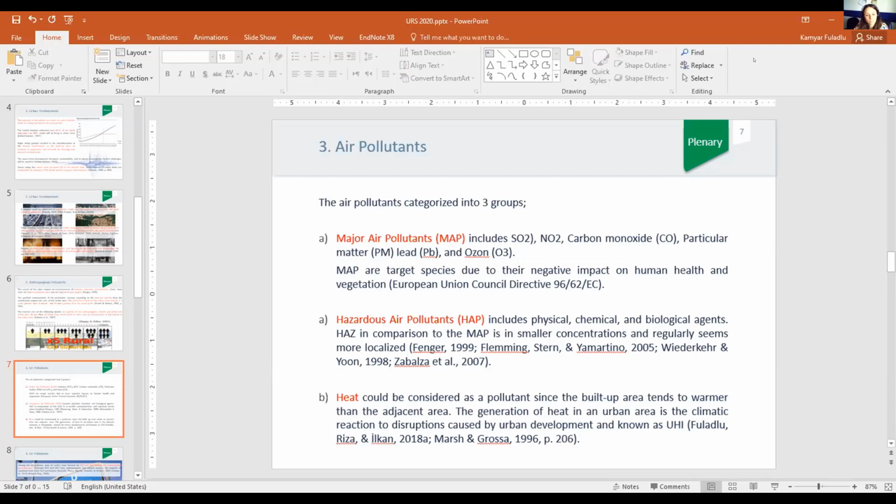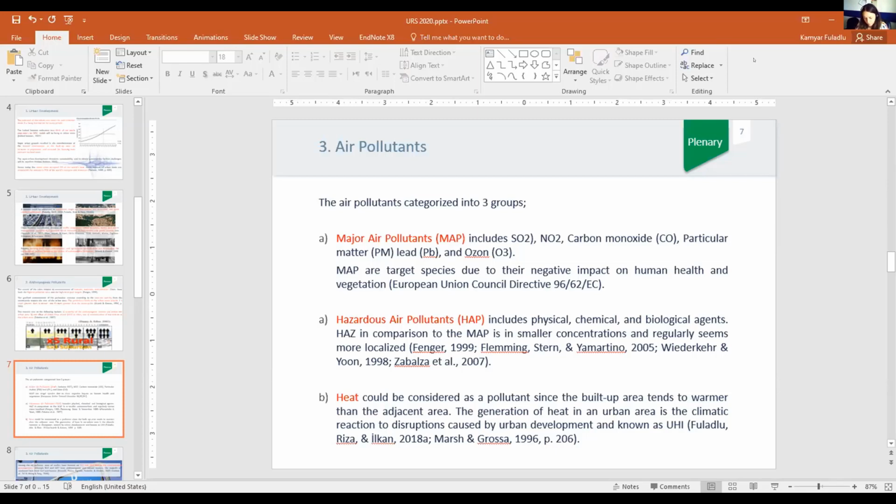You know that major air pollutants are targeted especially due to their negative impact on human health and vegetation, but we also have hazardous air pollutants, which include physical, chemical, and biological agents. Of course, hazardous air pollutants in comparison to the major air pollutants are small in concentration, but we also have heat.